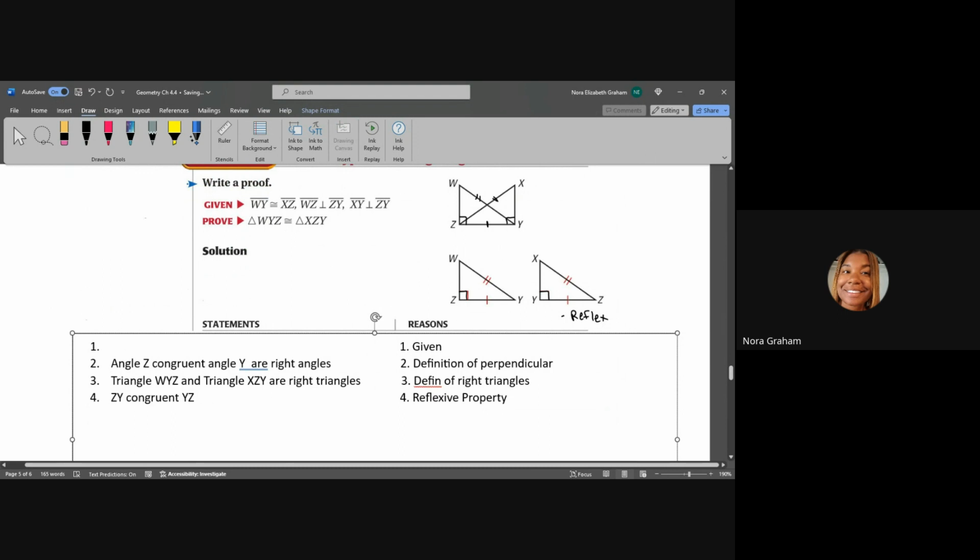Okay. So now I showed that both my legs are congruent, and also both my hypotenuses are congruent.